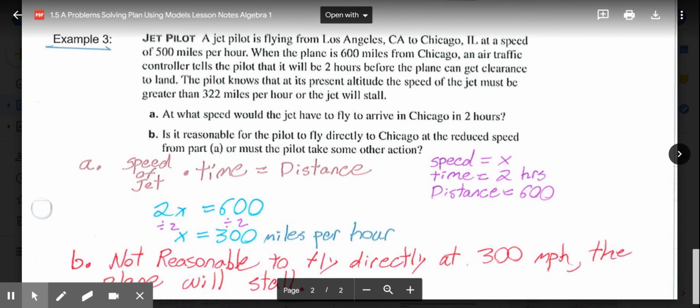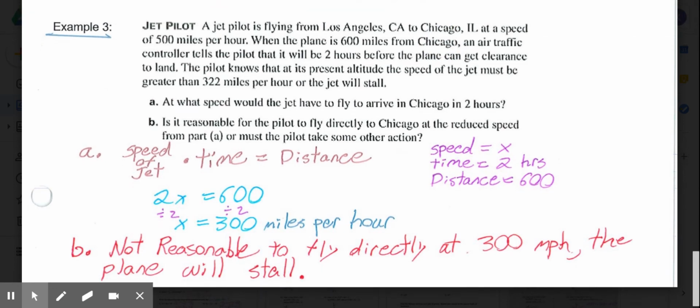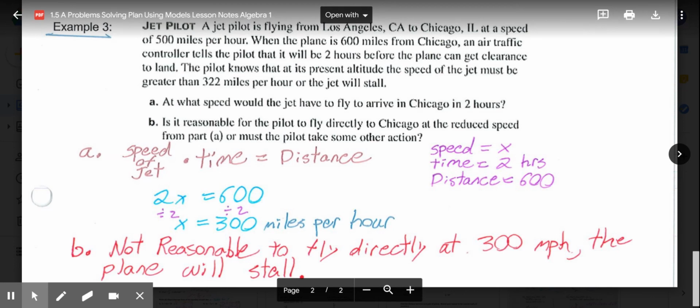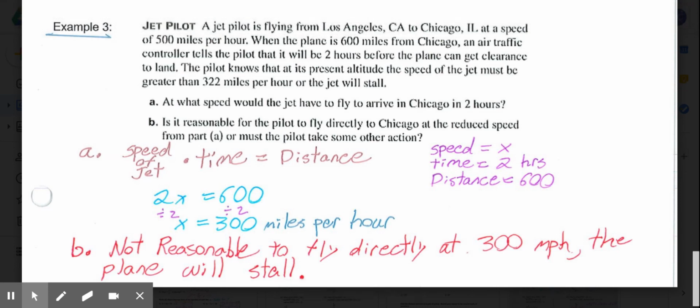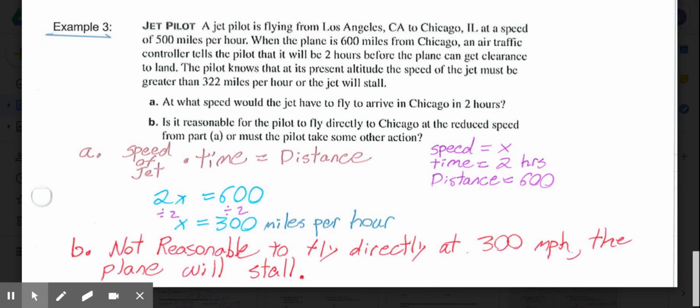And our distance left was 600 miles. So speed times time equals distance. So I'm going to replace my labels with their values. 2 times x equals 600. Divide both sides by 2, and x equals 300. So my speed was 300 miles per hour.